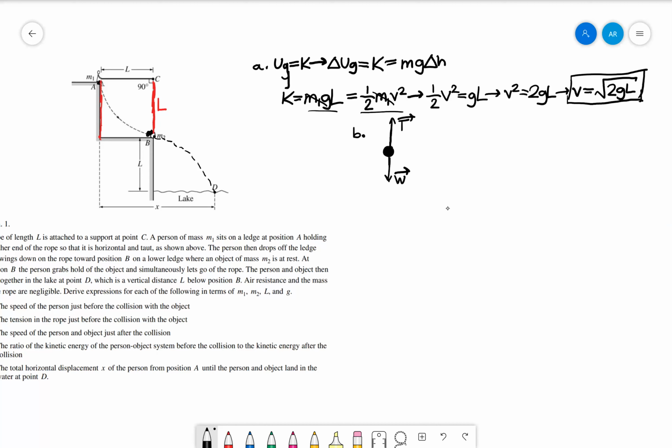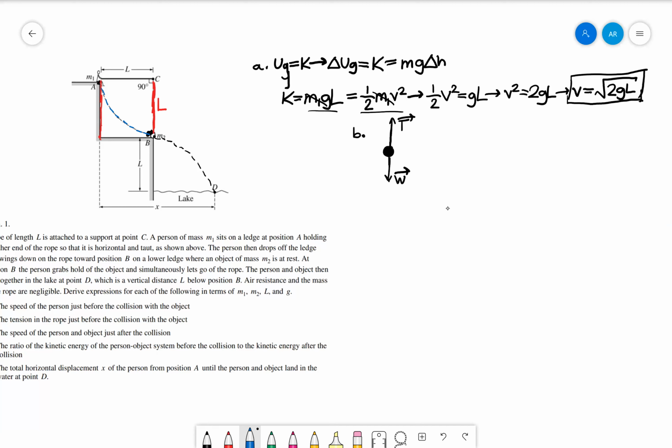Because at this lowest point at position B, right before our collision, the person is undergoing motion in a circular arc, as shown by this dotted blue path. So, in effect, at position B, our person is undergoing uniform circular motion at that instant. You have to be very careful.